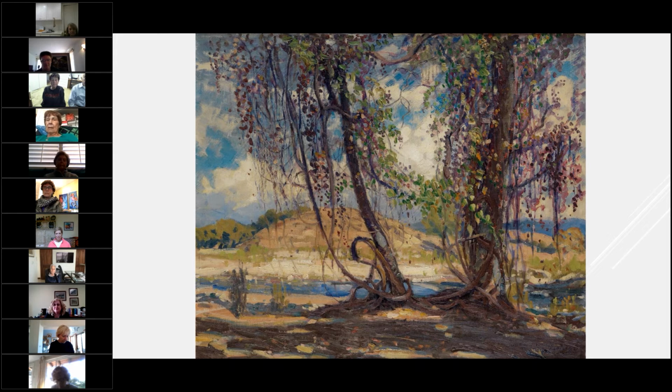However, this picture is showing you the rural outskirts of Capistrano. So the mission would actually be behind you, and this is slightly east, and just about where you see the water running through the middle of the picture, that's probably where the 5 freeway is today.